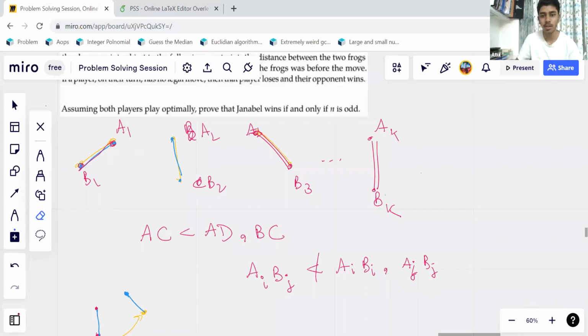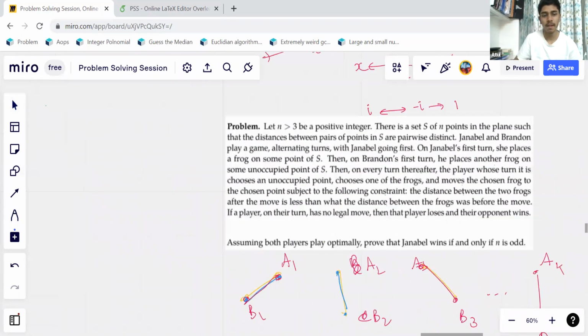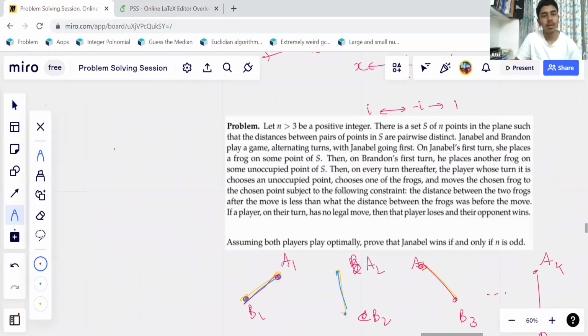And for the odd case, you pick the shortest distance and then the second shortest like this, and then do the remaining pairing. And you play here and when Bob plays... Okay, the case when it's odd is going to be a bit different. How do you do odd? I mean, isn't it the same?